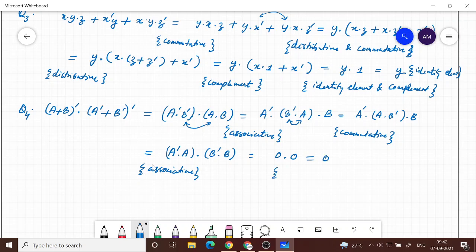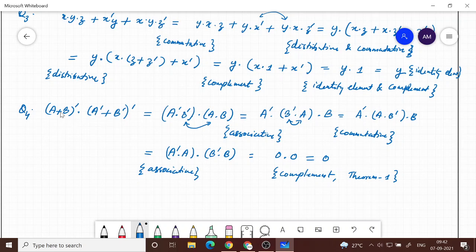So that's from the definition of complement. Complement has to satisfy two properties: a dash dot a equal to 0, and the other is a dash plus a is equal to 1, which I used here. And then x dot x is equal to x, that was theorem 1, so 0 dot 0 is 0.